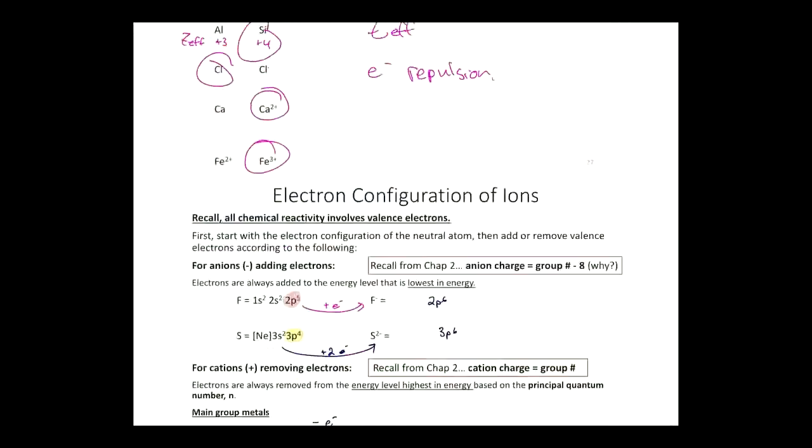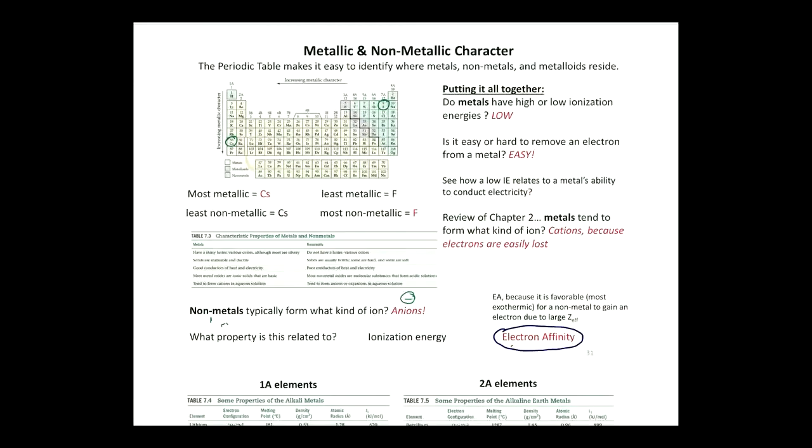And so this mismatch of ionization energy and electron affinity of non-metals and metals is why we can make ionic compounds, where we get this transfer of electrons to form ions. And we'll talk about that in chapter 8.